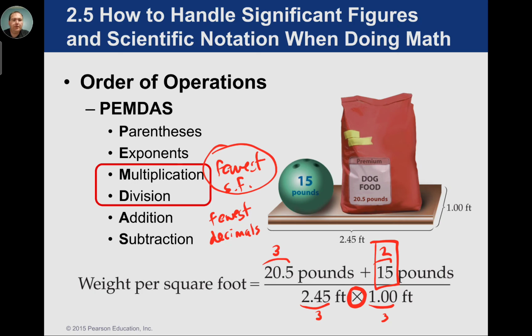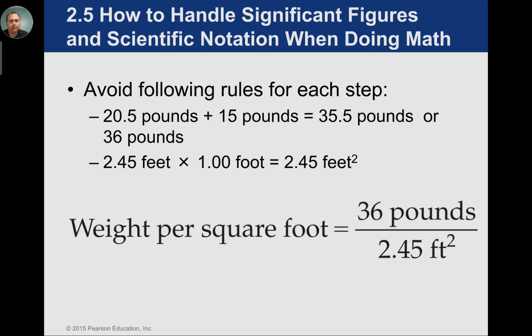So one of the risks that you run into is you might start applying all these rules just because you learned them. So you might apply that 20.5 and 15 makes 35.5, and you go ahead and round because rounding's pretty easy to do. And when you multiply the bottom, you get 2.45 because you're just multiplying by 1.